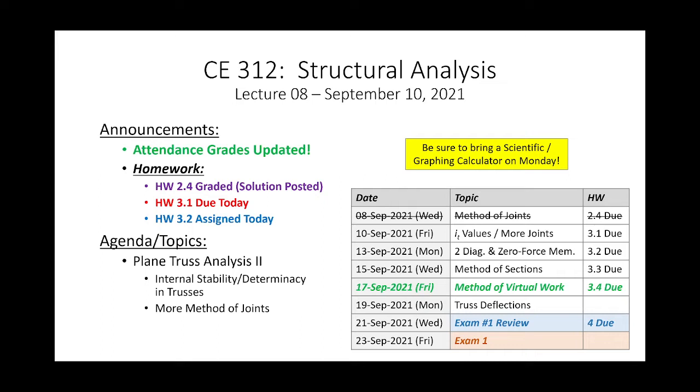A couple of announcements. So, on Monday, so let's be clear, we're in Truss land, and on Monday, we're going to, so if you remember, I said that there was going to be 3 lectures dedicated to the method of joints. We're going to deal on Monday with how to solve a joint with 2 diagonals.